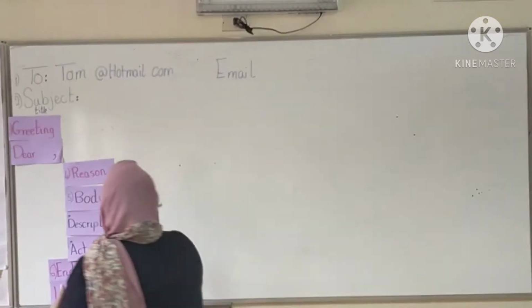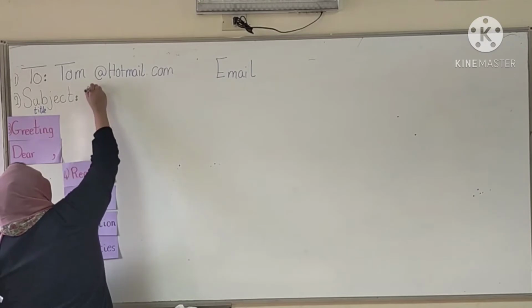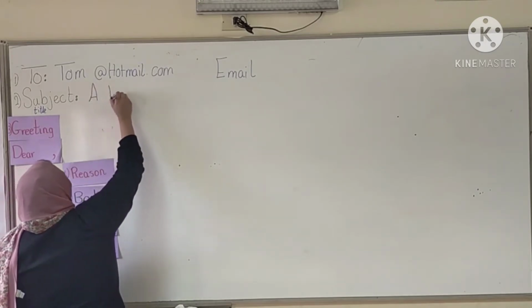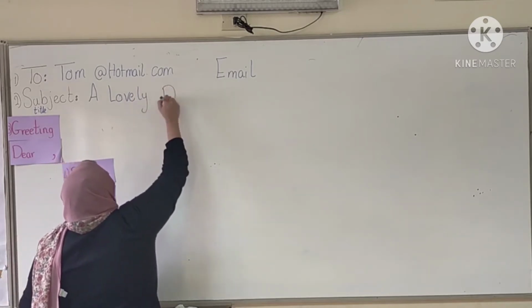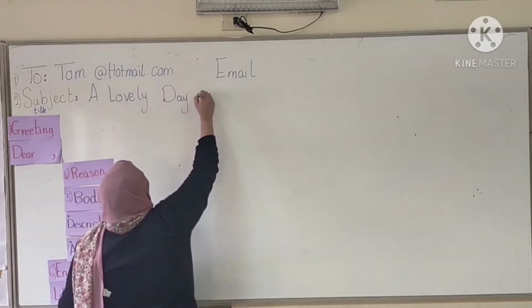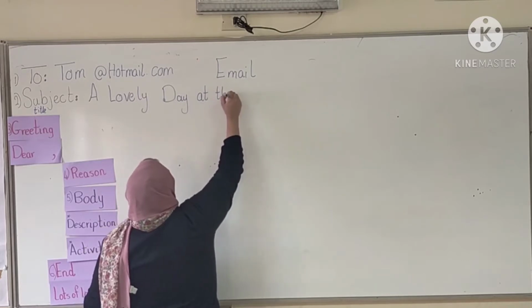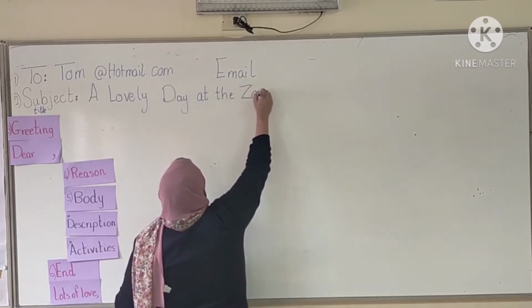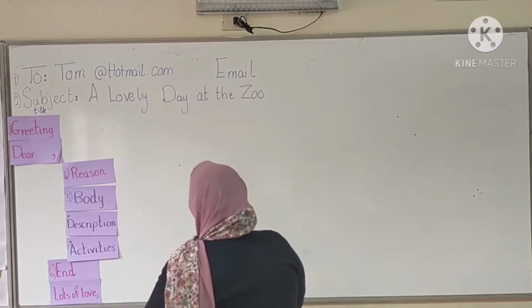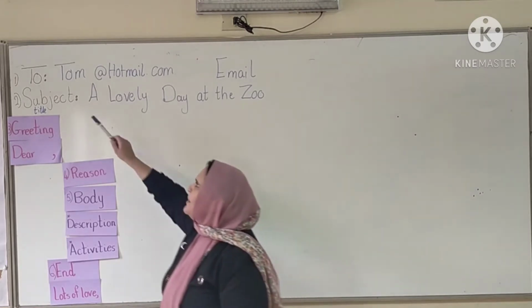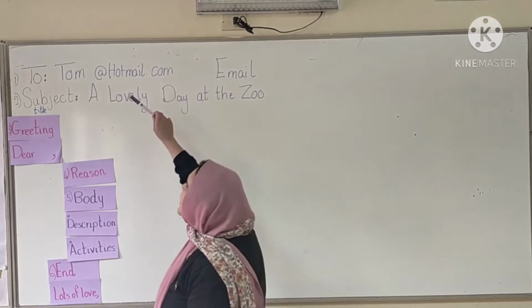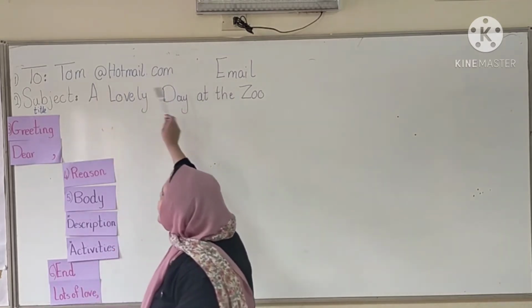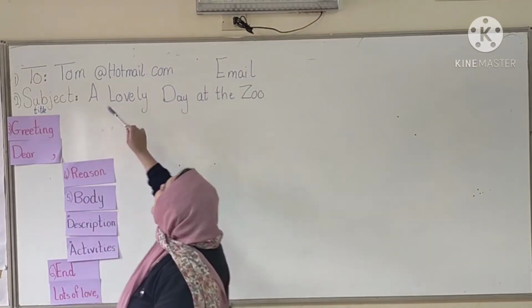Yes, we can say a lovely, of course, capital letter, a lovely day at the zoo. Just like the title, we write it in the middle, okay? But we are going to write it where? Beside subject. So, again, in the email, the first thing, the email address. The second thing, the title.